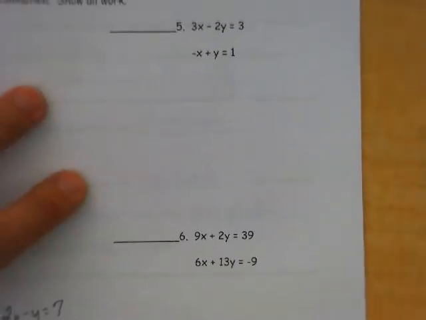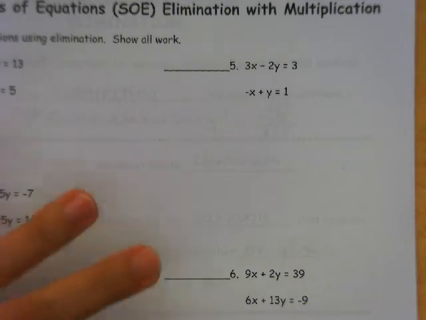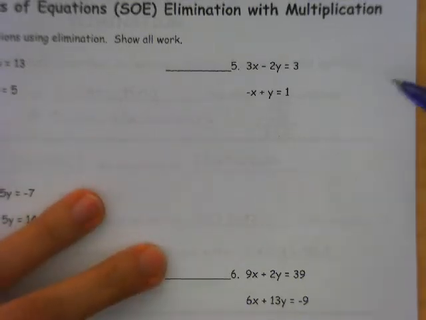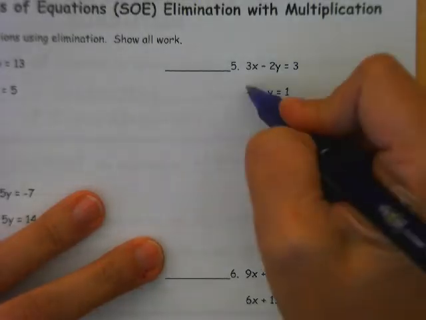Number 5. Okay, here's where the more part is. Number 5. What are you thinking here? Something has to eliminate. We're going to have to manipulate something to make it happen. What do you think? Multiply what by 2? The bottom. Not just the y.